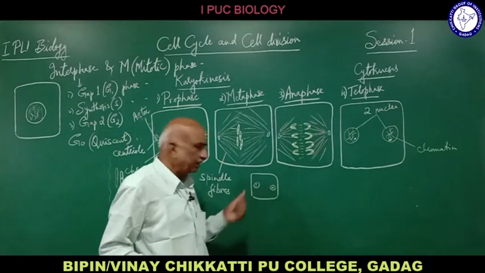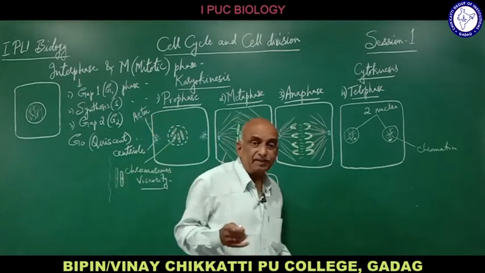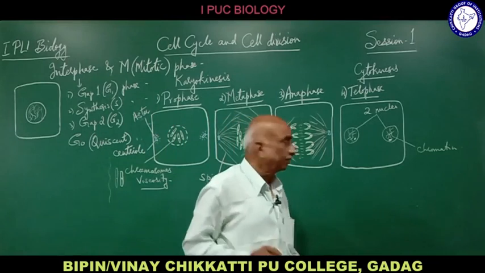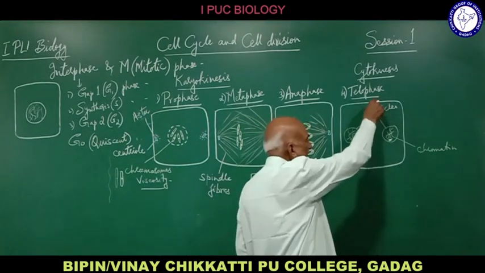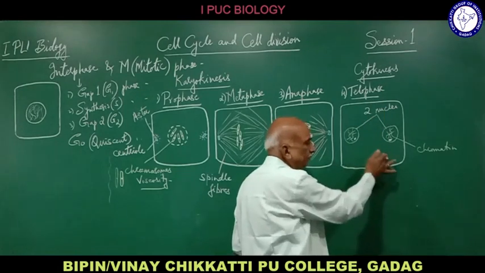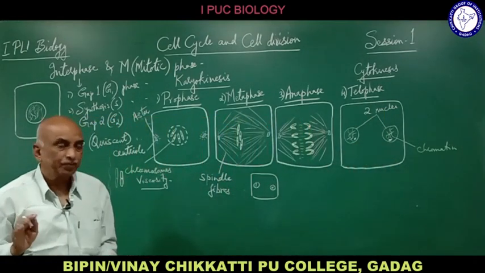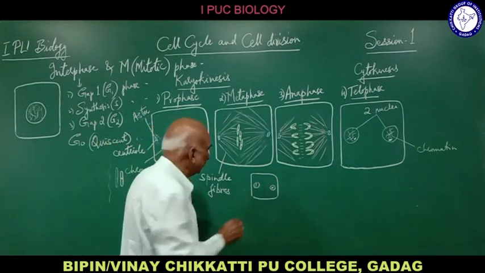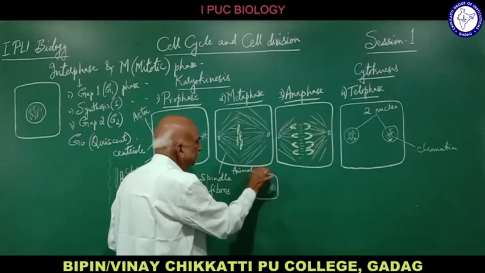The same thing I have drawn. Now cytokinesis in animal cells and plant cells is different. The division of the cytoplasm means when the cytoplasm divides, two cells are formed. So in animal and plant cells it is different. In animal cells, first we shall take. So in animal cells, what happens?